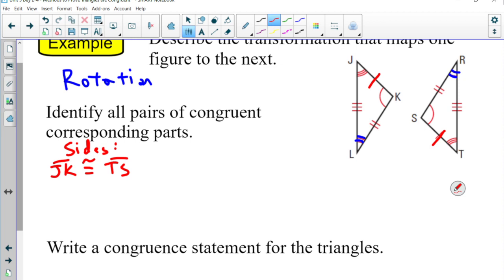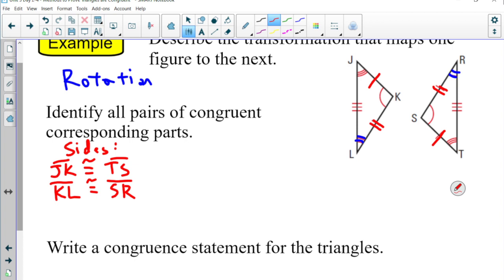Then our next pair of sides, we're looking for the 2 tick marks. We have K to L. In K to L, we're then looking for what matches up with the 2 tick marks over here. Well, K to L matches up with S to R. That's the one that has 2 tick marks in the other triangle.